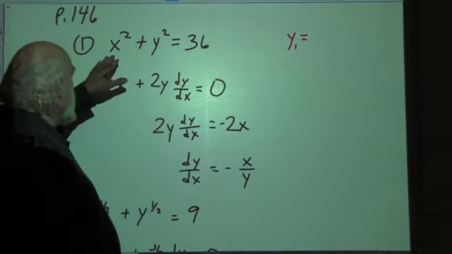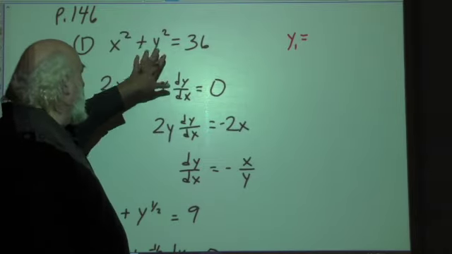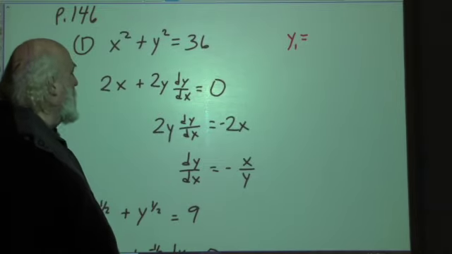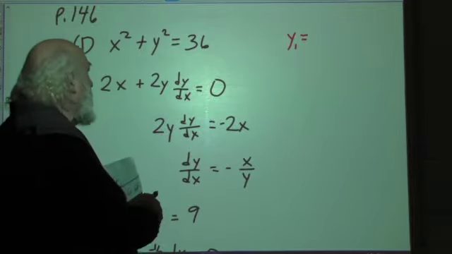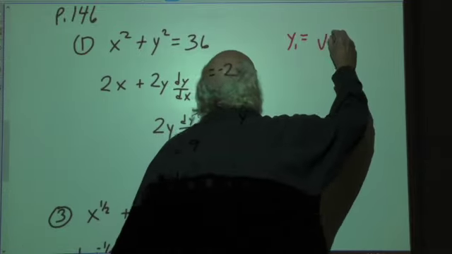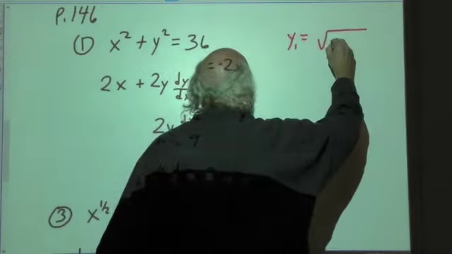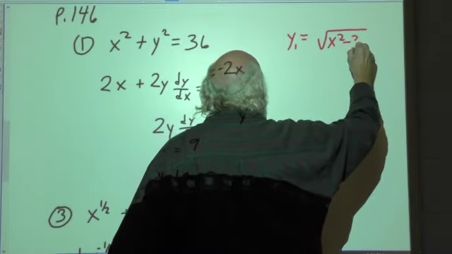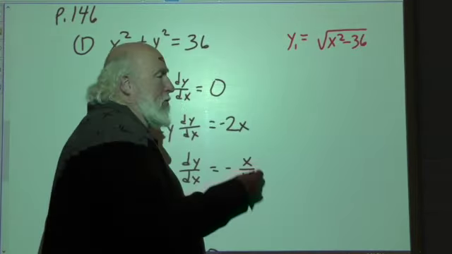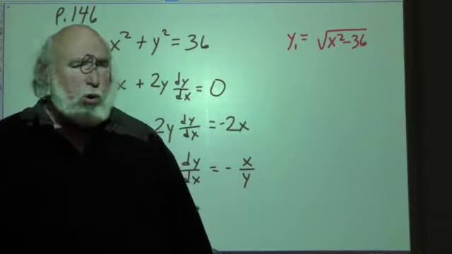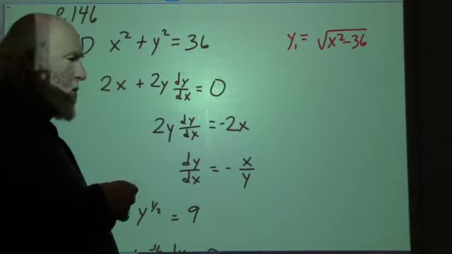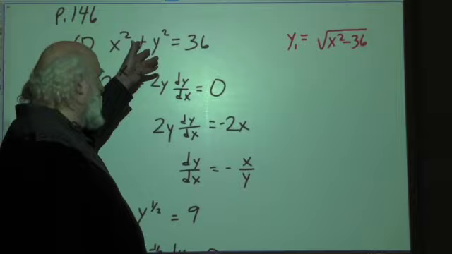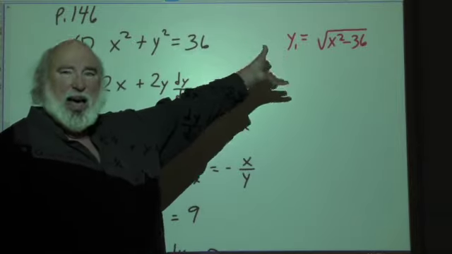Well, if you subtract x squared and then take the square root of both sides, you'll get the square root of 36 minus x squared. Now, if you graph that in your calculator, you only get half the circle. The reason for that is that when you take the square root of something, you get both the positive and the negative.